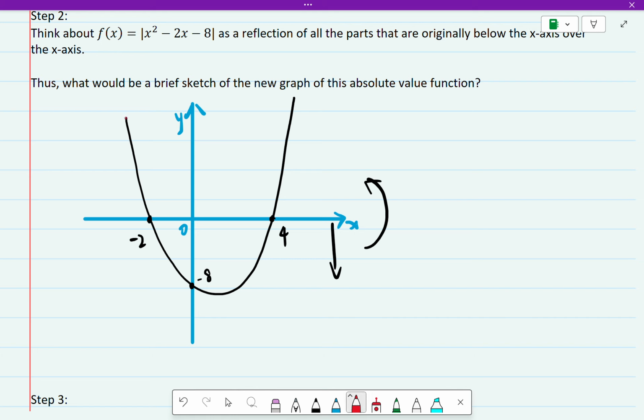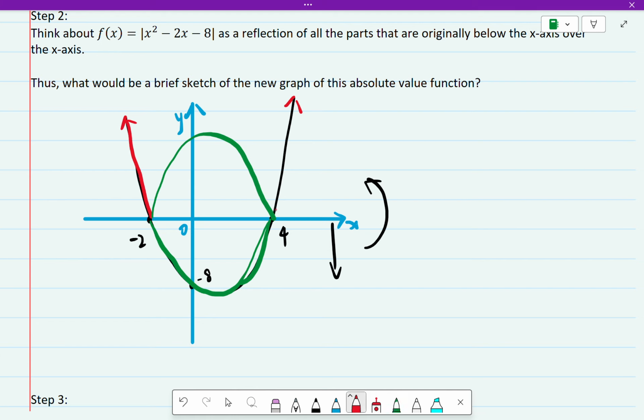So let's take a look at this part right here. These are all extended infinitely. Do we need to reflect this part? The answer is no, because it is already above the x-axis. Do we need to reflect this part? The answer is yes, because it is currently below the x-axis, so you want to reflect it up.